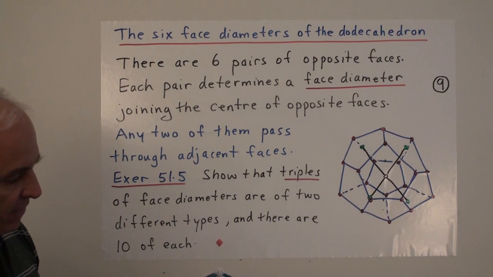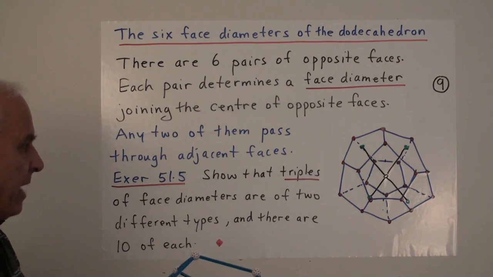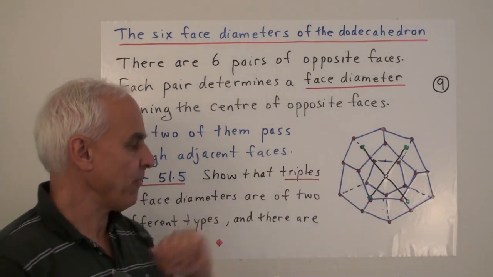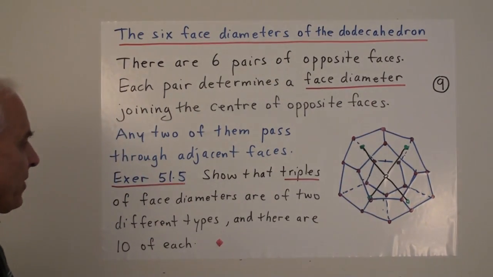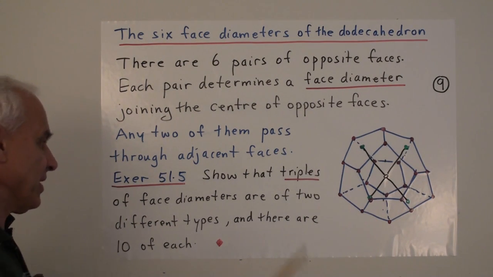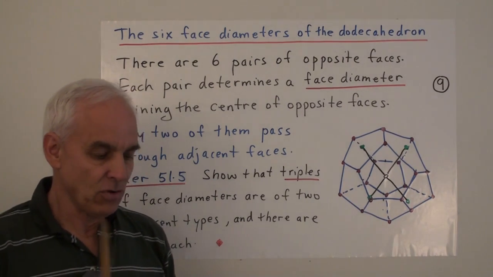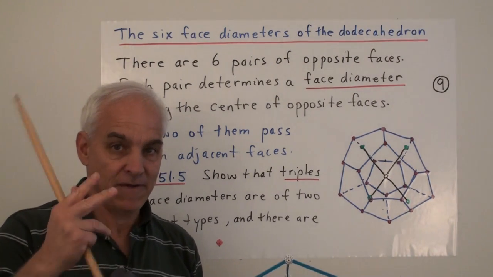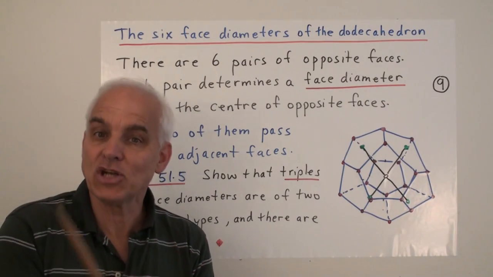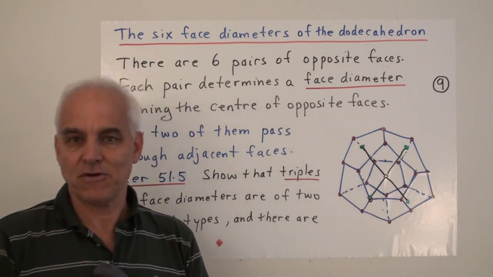Okay, if we have these 6 face diameters, any 2 of them have the same relation from this observation. What about 3 of them? So here's an exercise. Show that triples of face diameters, in this sense, are basically of 2 different types. That if we choose 3 different face diameters, there's 2 possible configurations that those 3 diameters can form.